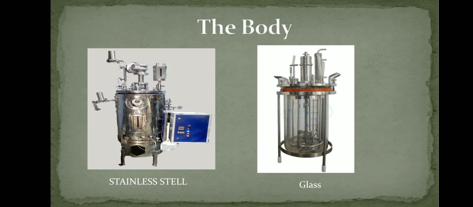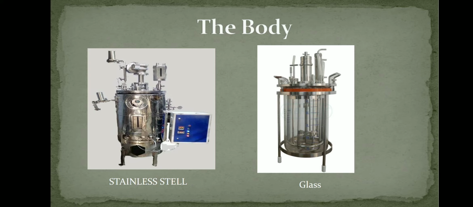Moving on to the body of a fermenter, the main body should be made of a material which can withstand repeated sterilization and cleaning processes, because these fermenter tanks will be used in industries for many years. Whenever we go for fermentation, the fermenter has to be sterilized and cleaned.